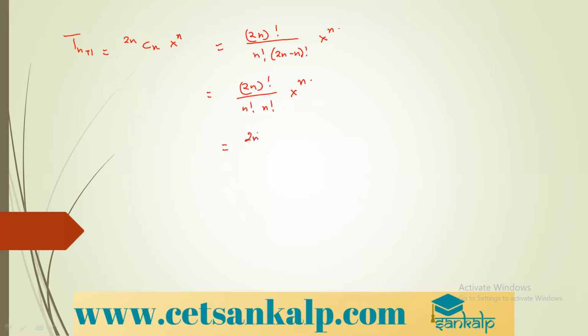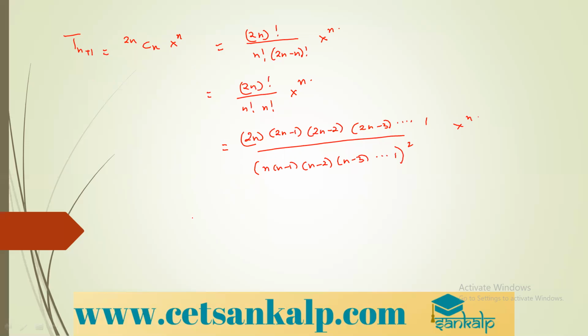Or 2n into 2n minus 1 into 2n minus 2 into 2n minus 3, like that up to 1, by n factorial whole square. N factorial I can write n into n minus 1 into n minus 2 into n minus 3 up to 1, whole square, x power n.